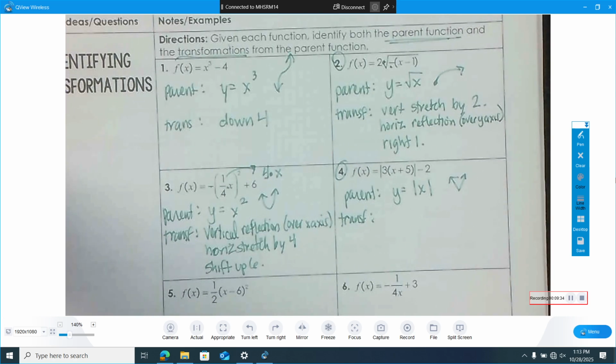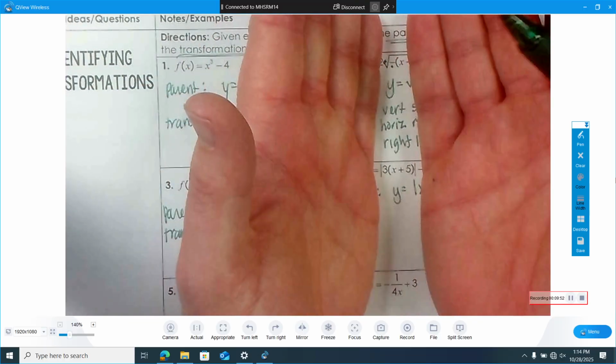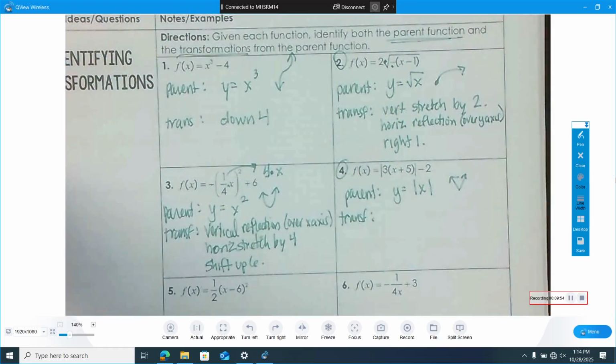What does the 3 do? Is it affecting the x's or the y's? It's inside with x, so yeah, it's going to affect the x's. And this one's trippy because the 3 is in and out. Yeah, it's true. It's inside the absolute value. So therefore, it's inside with x.